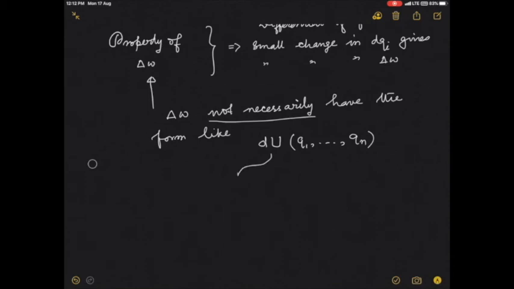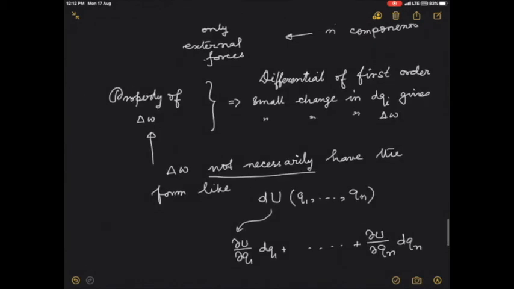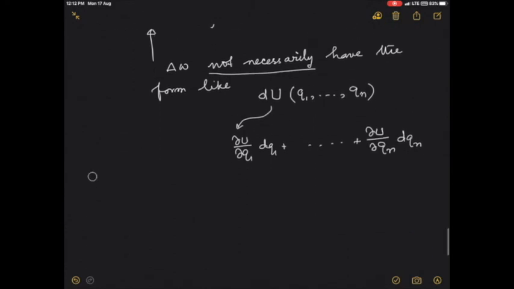It's tempting to think that it has this form, because dU I can always write as ∂U/∂q1 dq1 plus ... plus ∂U/∂qn dqn. I can write it this way always. But what I'm claiming is it is not necessary that delta W can be written in this form.